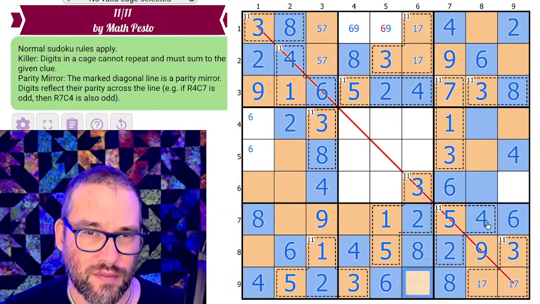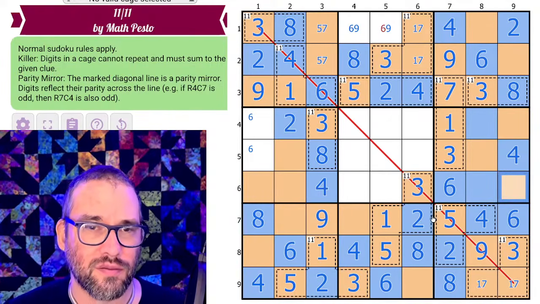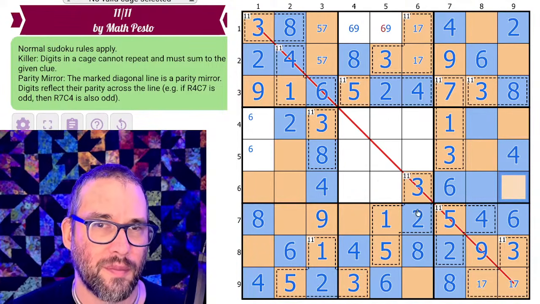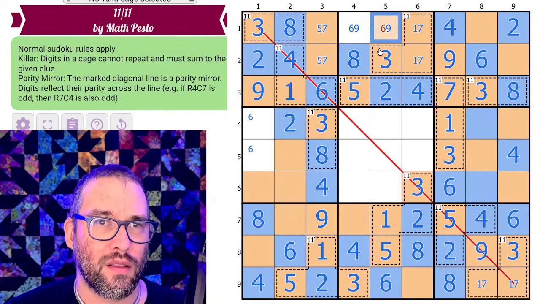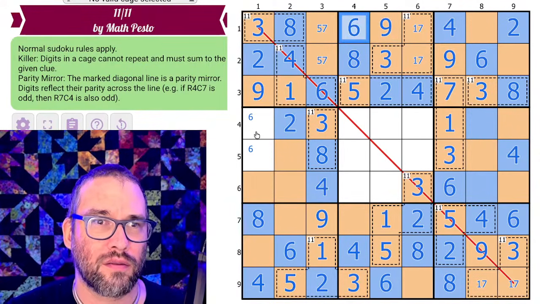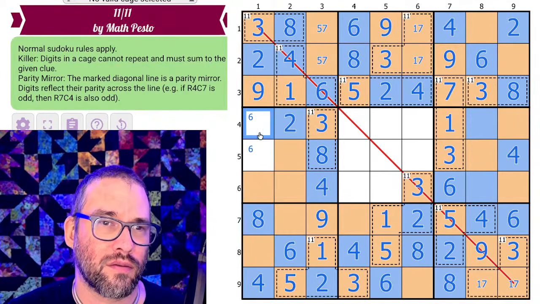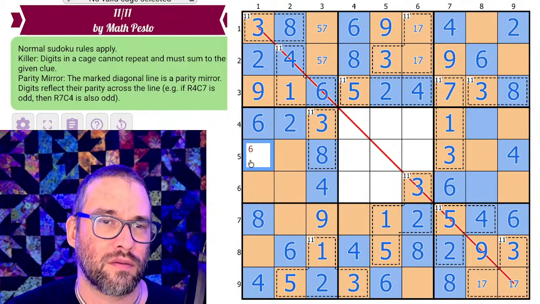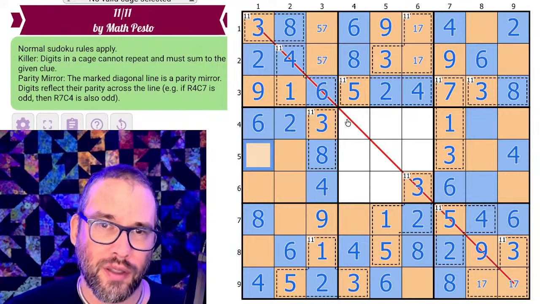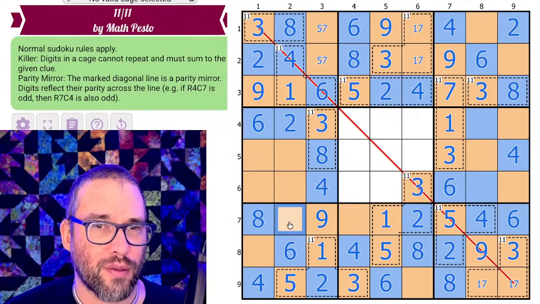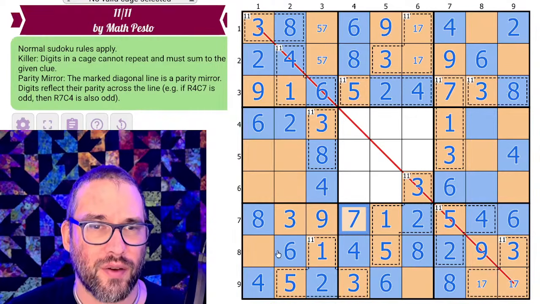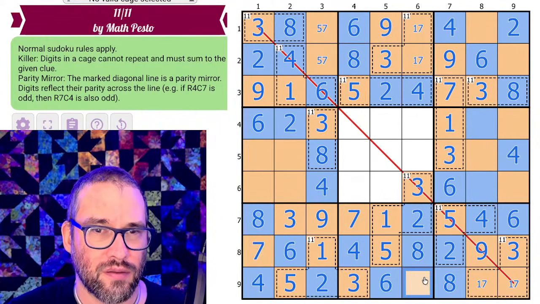That's odd. Let's see. 3 in row 7, and that's now a 7. That's a 7. That's a 9.